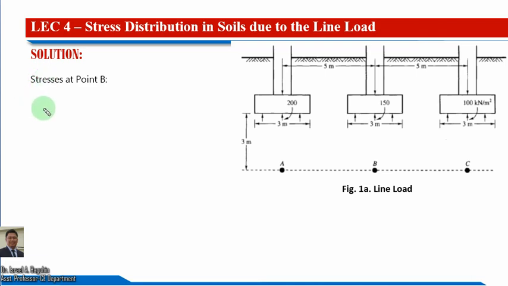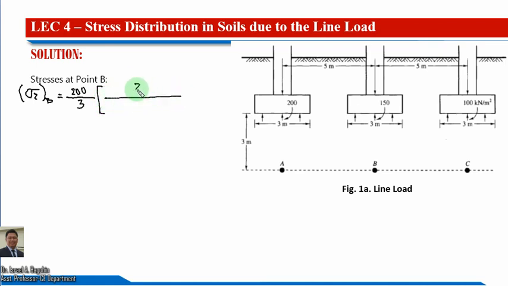We are just going to substitute the values, using this sigma z at point B. So we have this q over z. Our q here, since we are now at point B, we are going to consider first this first footing. Okay, so our q is just equal to 200 divided by 3, q over z.